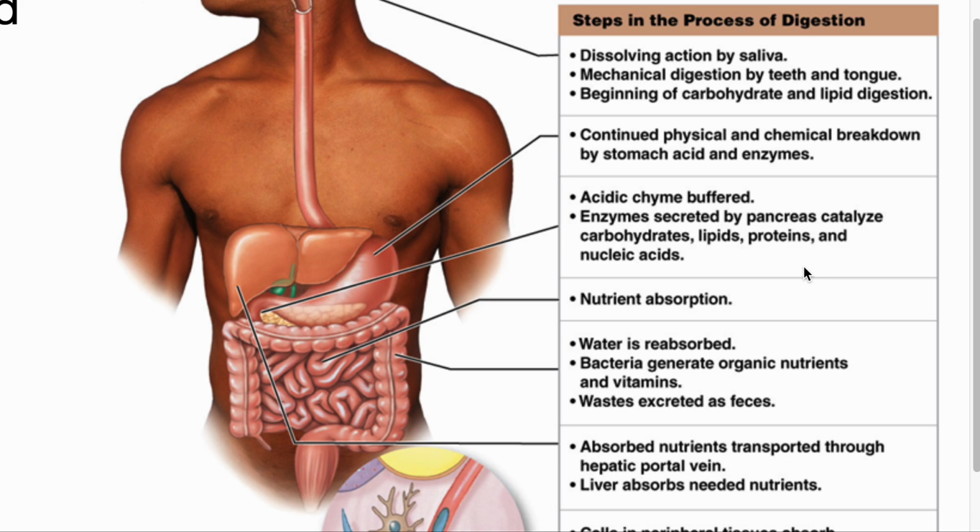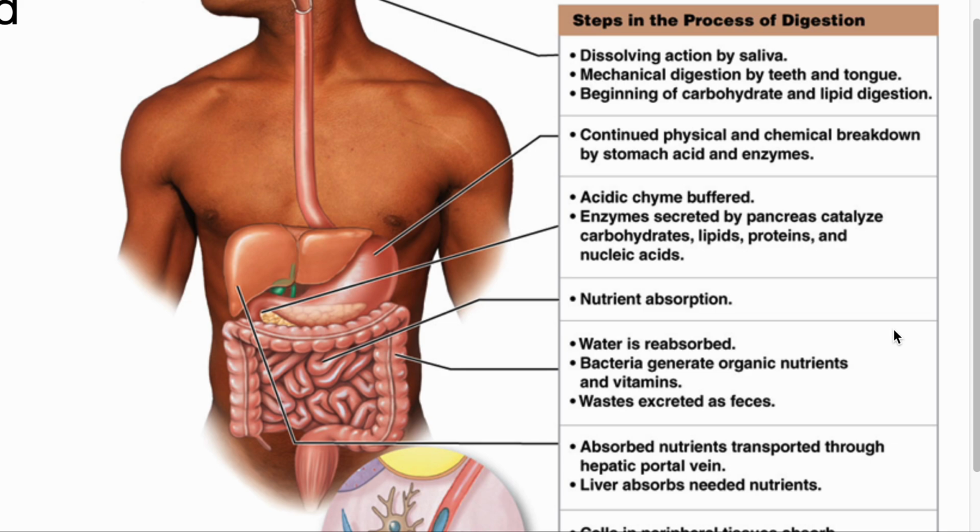But we also have the issue of that super acidic chyme, and we do need to bring that pH back up and get it closer to neutral so that the acidity of the chyme doesn't damage the small intestine. So it's going to continue to move through the small intestine, and we're going to find that in the jejunum of the small intestine, we're going to have the bulk of nutrient absorption, although quite a bit of absorption also happens in the duodenum.